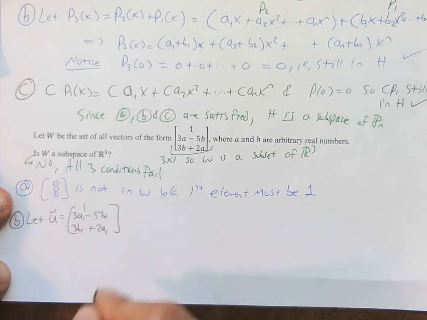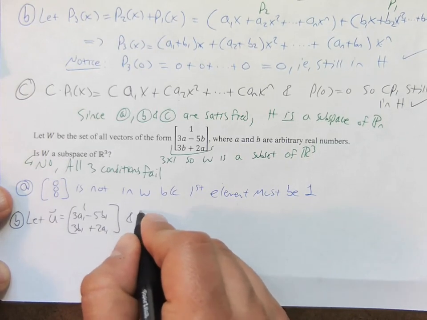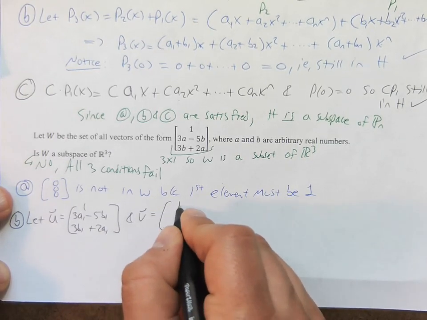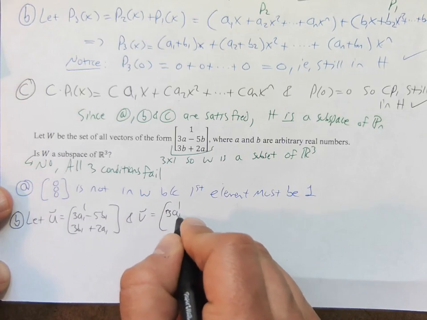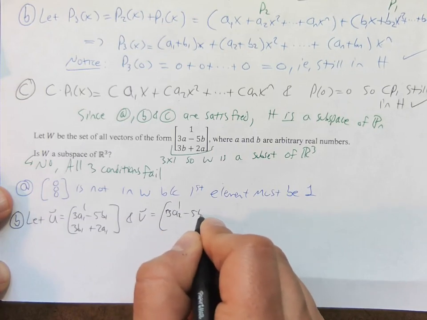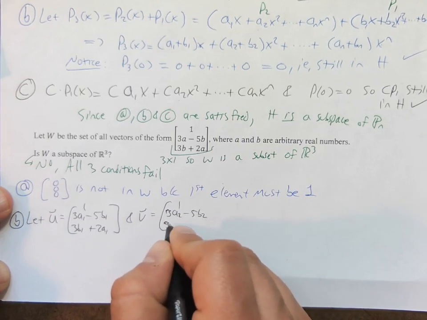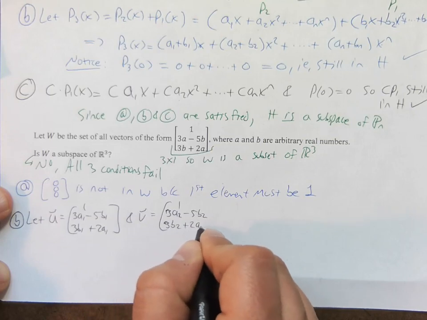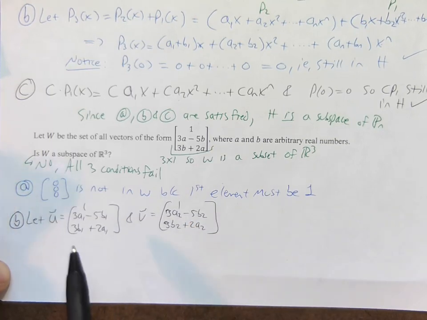So this is my first vector in the space. And let's pick another arbitrary vector in the space, just using 2's instead of 1's. So these are two arbitrary vectors in the space, picking different a's and b's, basically.